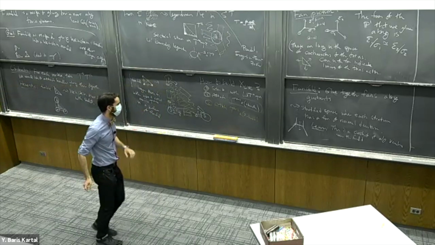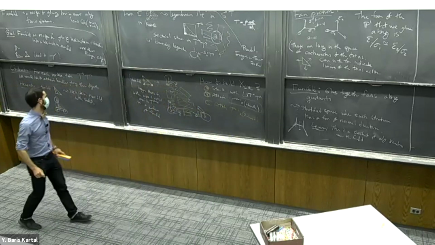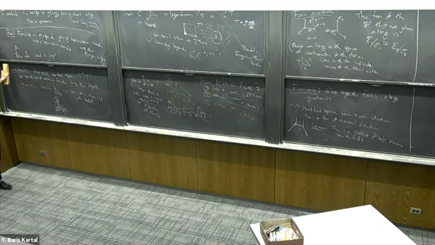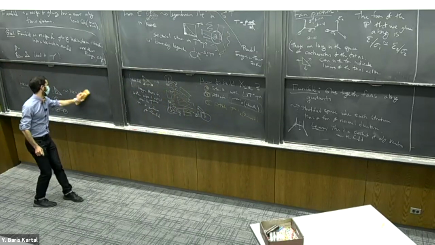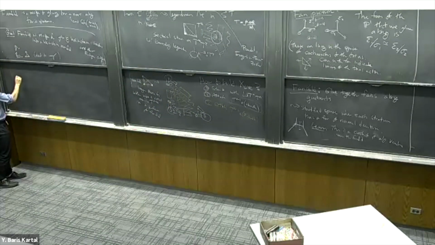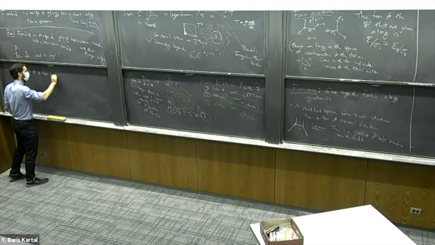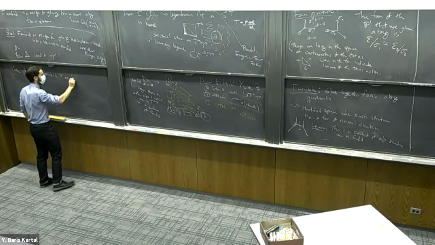I'll just give a brief glimpse of part two, which is this deformation question. So the dual of a Fanifold. Now we're going to the moment polytope picture. So the dual of a Fanifold is an SYZ base.